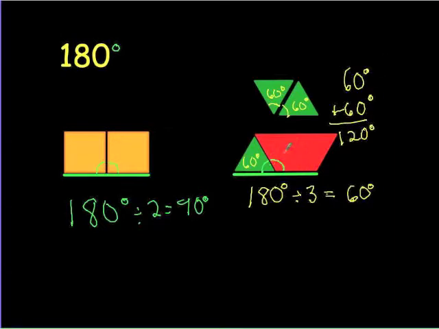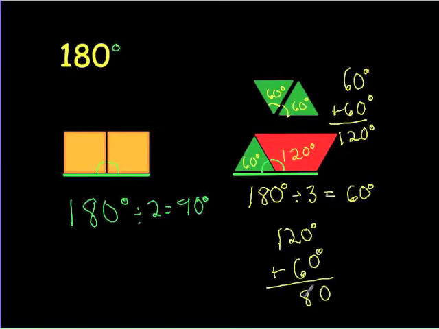So that lets us know that the measure of this angle is 120 degrees. And to prove that, we can add it up. 120 degrees plus 60 degrees equals 180 degrees.